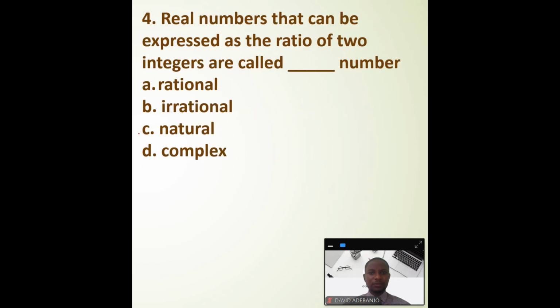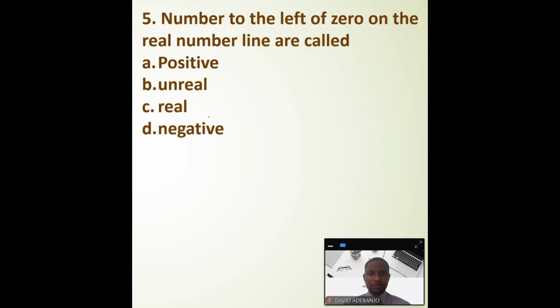Moving on to question 4. A real number that can be expressed as a ratio of 2 integers is called rational. And moving on to question 5. Alright, so for question 5, number to the left of 0.